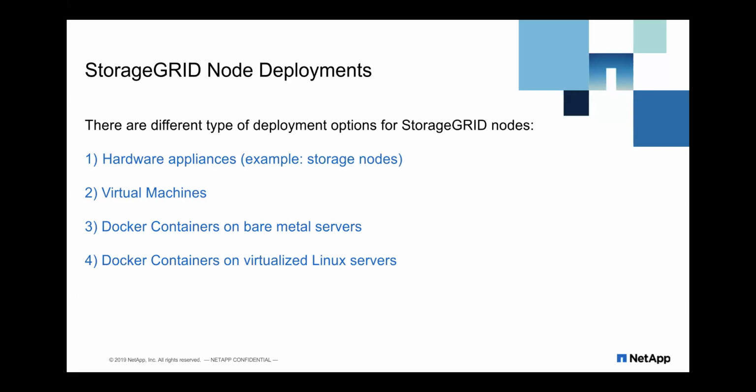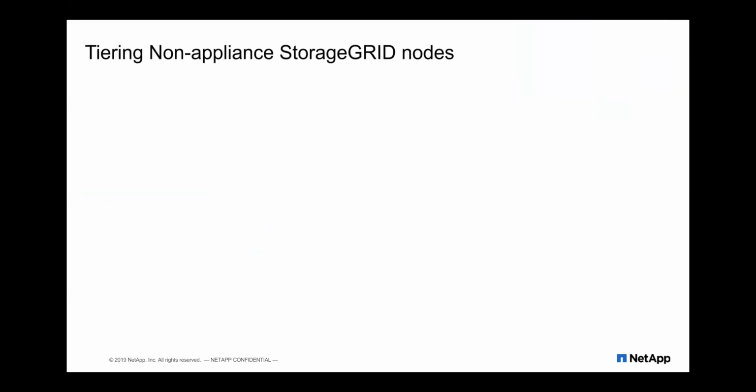And having Docker versus running a single virtual machine allows you potentially to run multiple applications or different containers within that one virtualized Linux server. So today I decided to talk about one topic when it comes to StorageGRID deployments in a FabricPool environment, which is tiering to non-appliance StorageGRID nodes. So those are your virtual machines or your Docker containers within a virtualized Linux host.